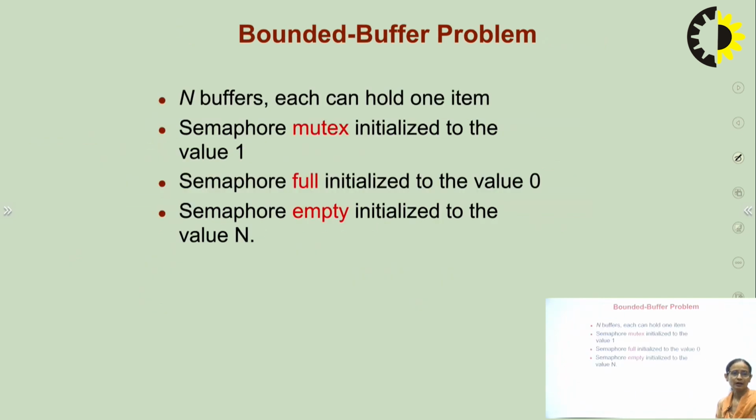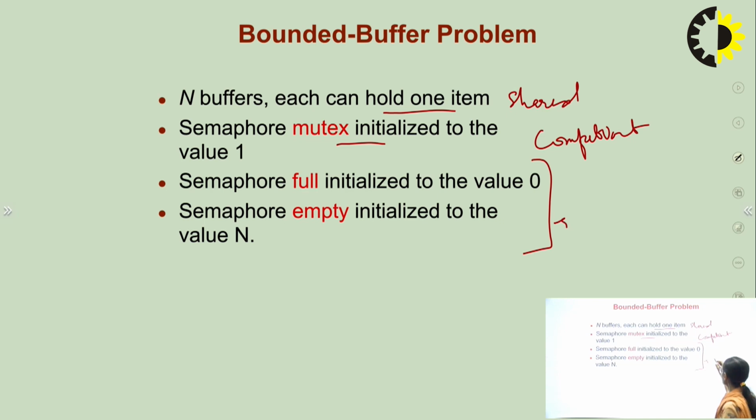Now how are we designing the solution for the competition as well as for the cooperation? We have n buffers. This is shared between the two processes. Then we are using 3 semaphores. One is mutex, which is initialized to 1. We use this to handle the competition part, and these two we use to handle the cooperation part.